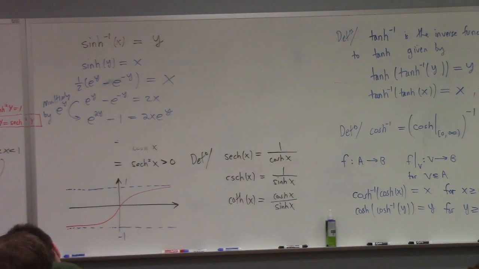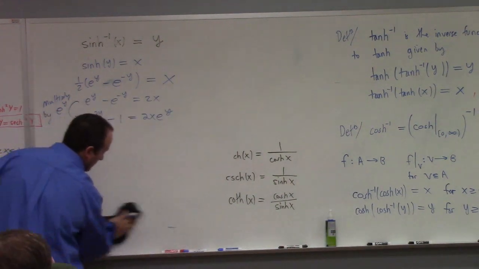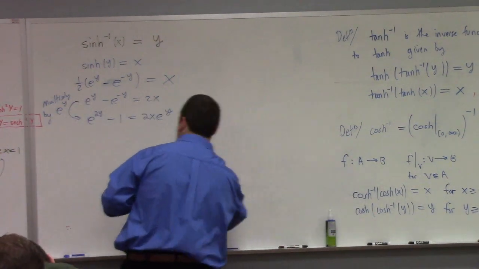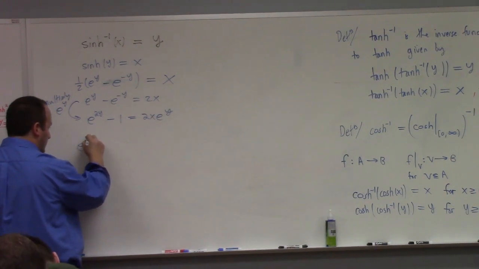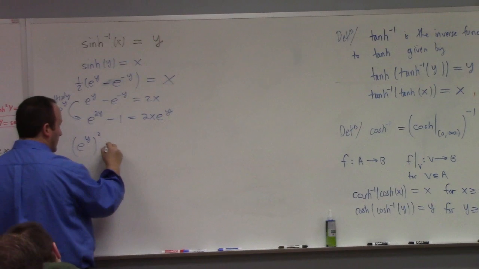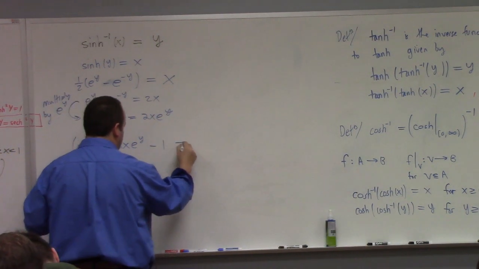And then I will rearrange things into something that you might recognize. So this gives me (e to the y) quantity squared minus 2x e to the y minus 1 equal to 0.